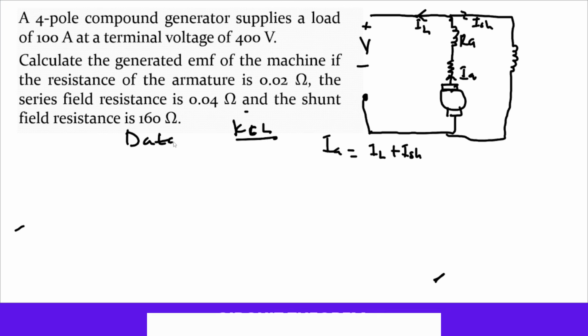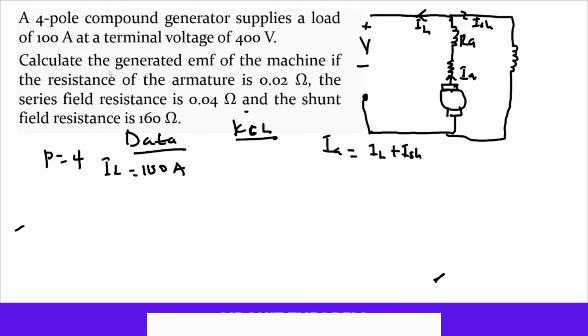First of all, let's look at our data. A 4-pole compound generator supplies a load, so it means that the number of poles is equal to 4. Then the load current IL is equal to 100 amps.